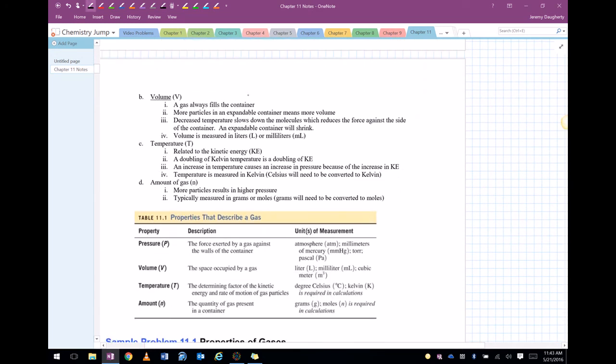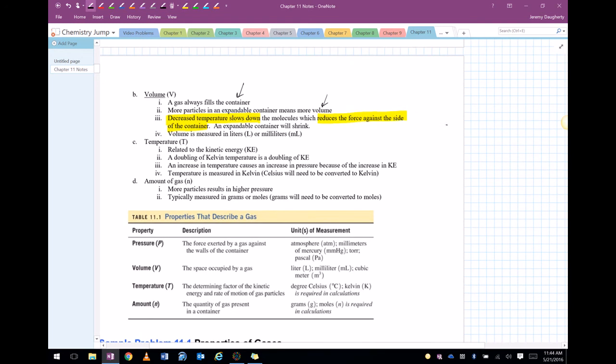The volume of a gas always fills the container. So if you put more particles in an expandable container, that means they have greater volume. A decrease in temperature slows down the molecules. That reduces the force against the side of the container, so if we have an expandable container, that container will shrink. Think about a balloon, an expandable container.